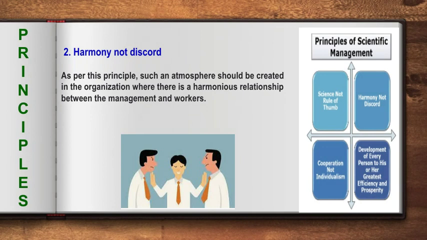Harmony over here means peace, and discord is just the opposite of harmony. Here, Taylor stressed the need for maintaining peace and harmony in the workplace, and that there should be no conflicts or fights between the managers and the employees.